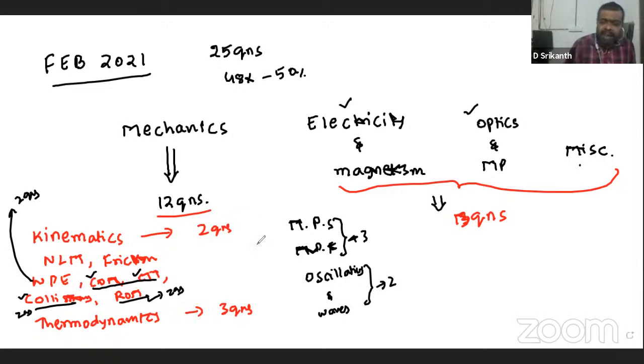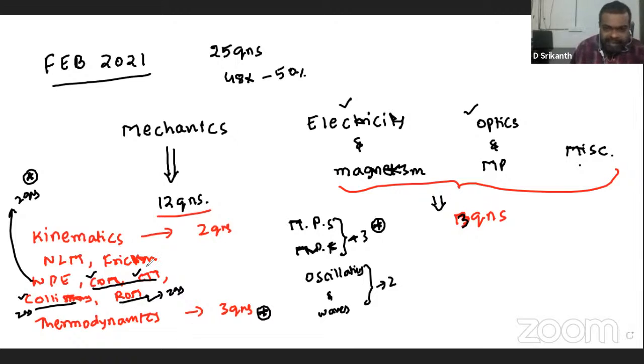Number one, every time, the student may ask me, sir, how many chapters should I read? I would say that work power energy, every time they ask two questions. Thermodynamics, every time they ask. Mechanical properties of solids and fluids, every time they ask.